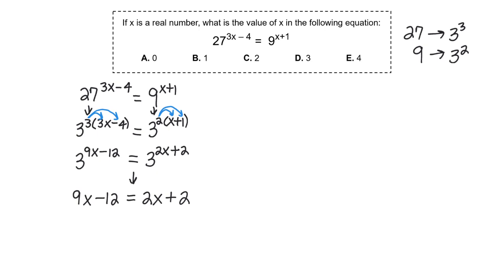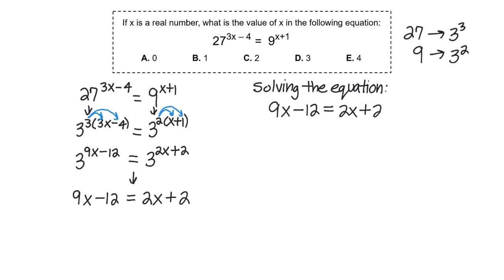Solving the equation, we have 9x minus 12 equals 2x plus 2. We can solve this by bringing the x's all to one side. We can subtract 2x on both sides.